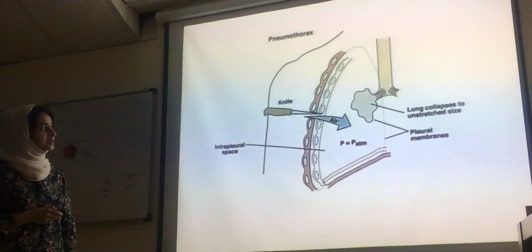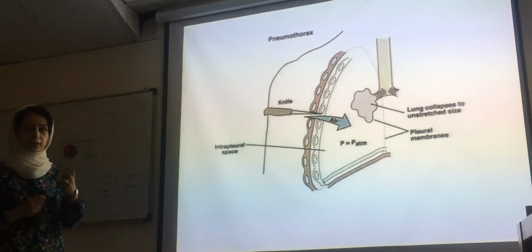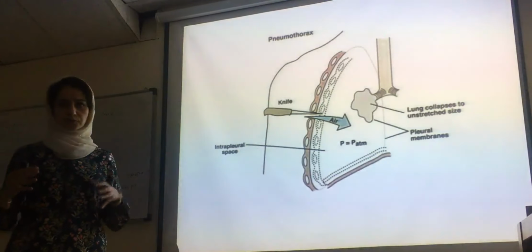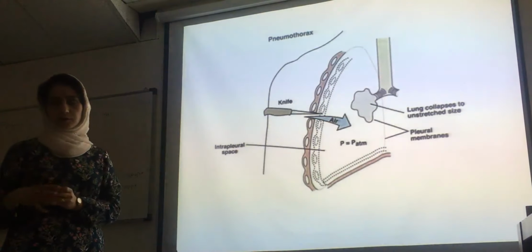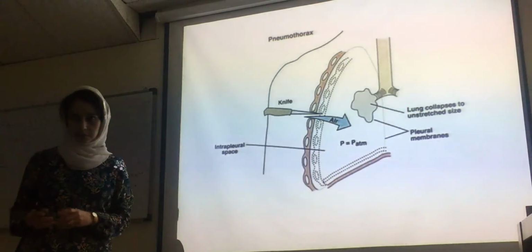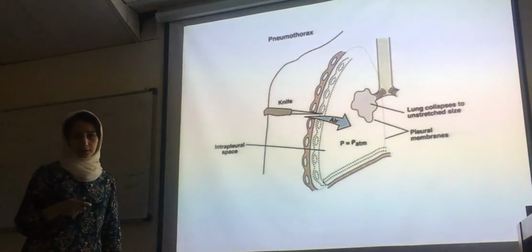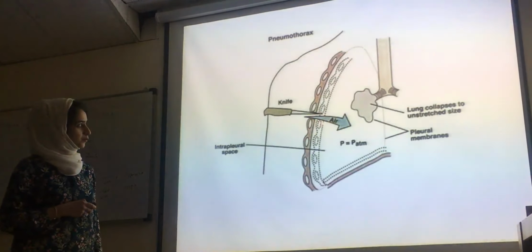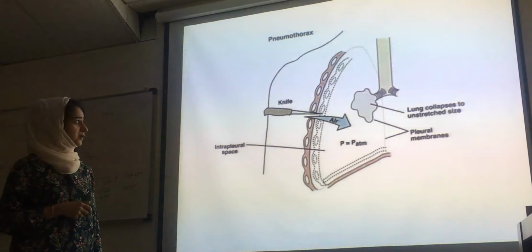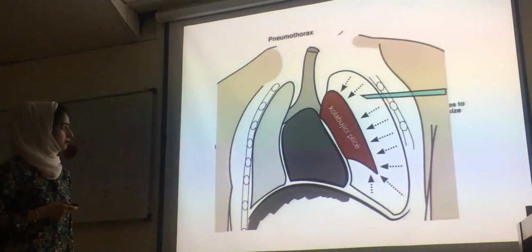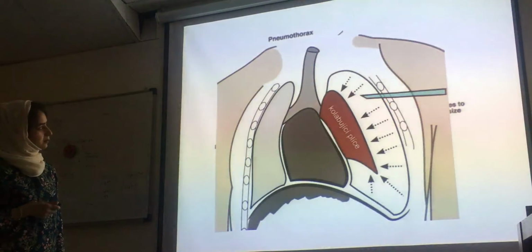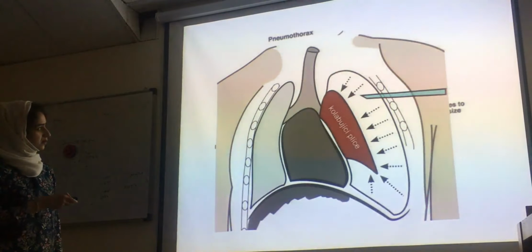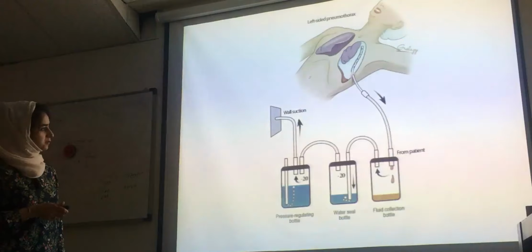So we have to put a tube here, called a chest tube, connected to a drainage system that provides suction of the air. And sometimes they can use negative pressure, which is important to remove the air there. So again, this is the pressure that atmospheric air creates on the lung, causing collapse of the lung.